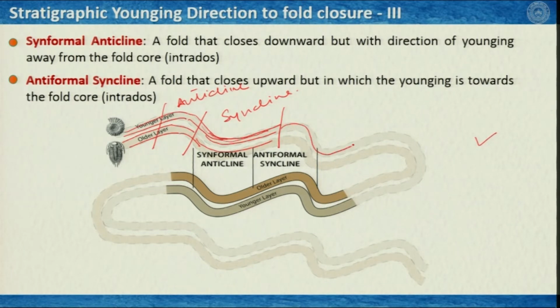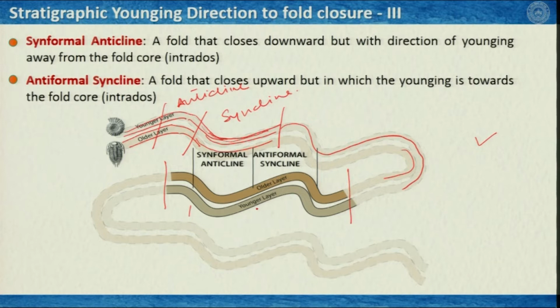But if the folded strata is curved and has a turn on this side, then interestingly you see this brighter area here, which is not faded, the younging layer comes at the bottom of the stratigraphy and the older layer is at the top of the stratigraphy.